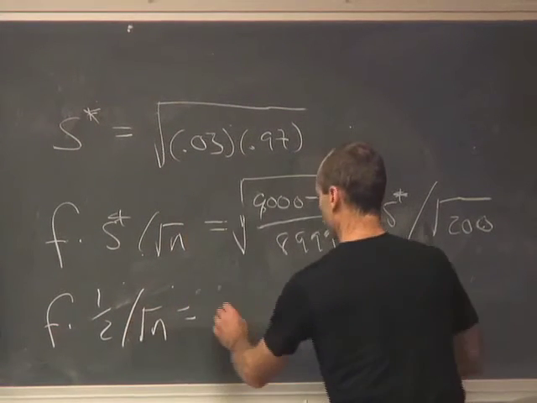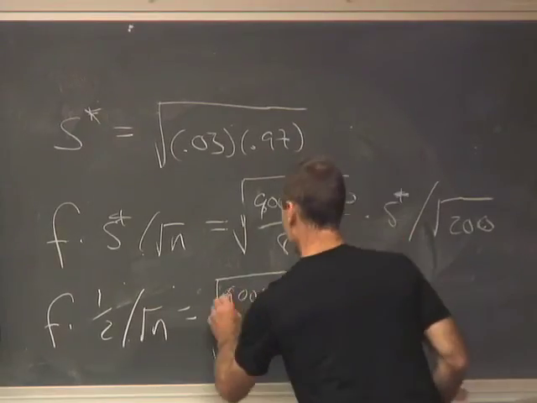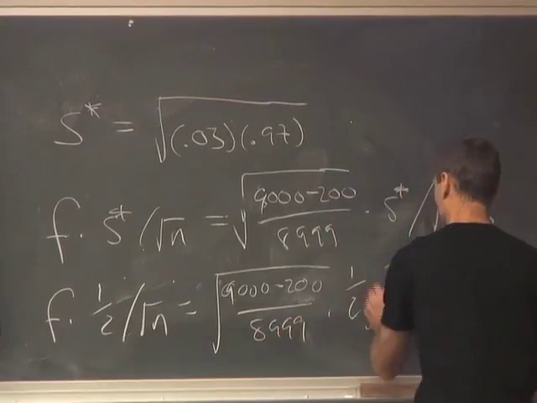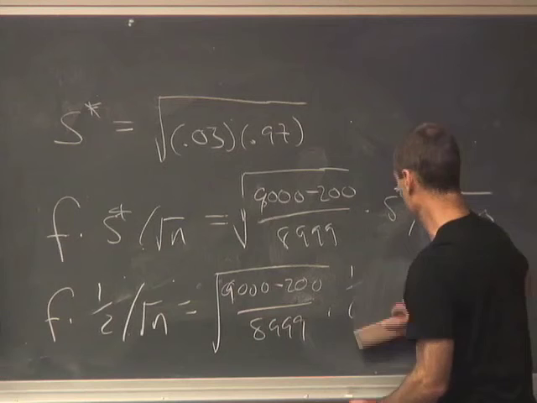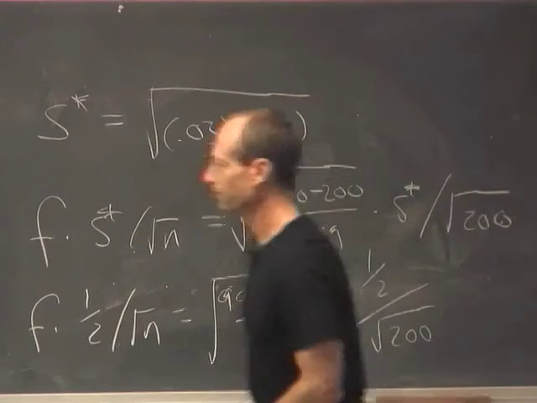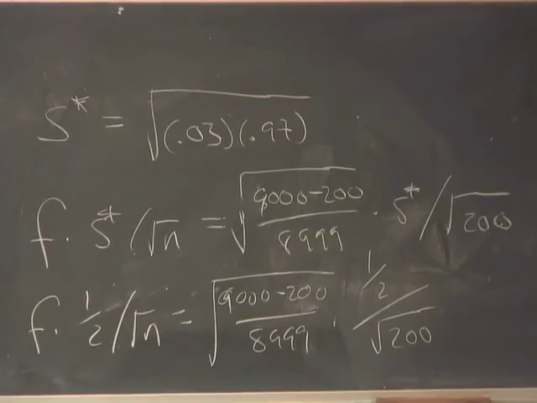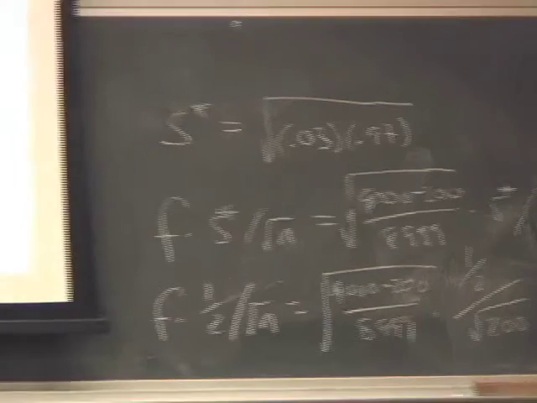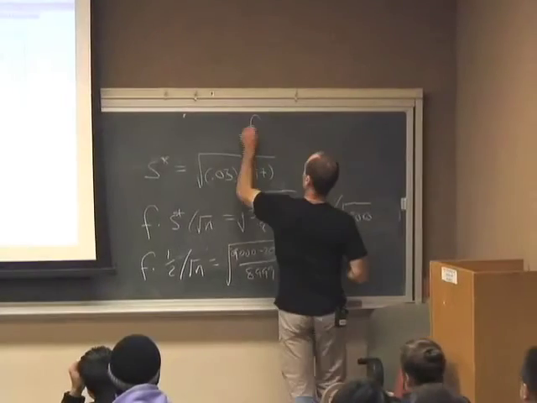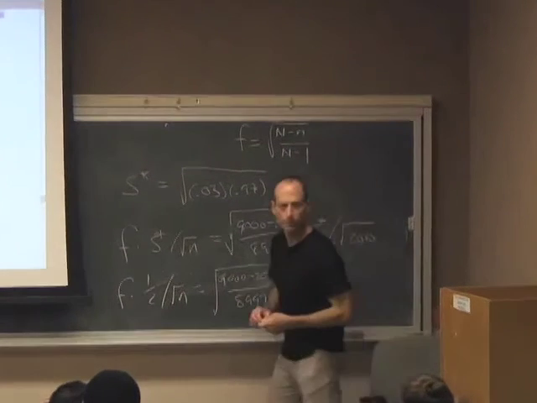So it's the same factor F, the square root of 9,000 minus 200 over 8,999, times a half over the root of 200. So that's the largest that it could be. So far, so good? F is the square root of N minus n over N minus 1.